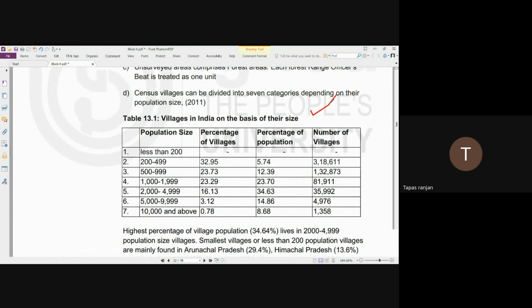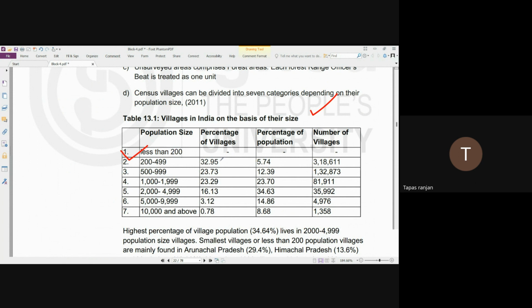So this table basically gives you the data on population size and percentage of villages which are found in between this. Okay. So we haven't seen any village which is having a population size less than 200.